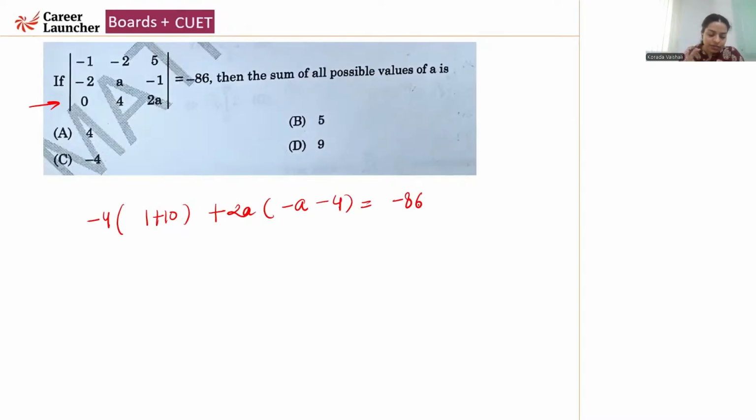Now we will simplify this expression and you will get the equation 2A square plus 8A minus 42 is equal to 0. Here you can either use middle term splitting, but the trick here is you can simply make use of the concept of how we find roots of any quadratic equation. So the sum of all possible values of A, or sum of roots, is nothing but minus b by a, which is -8 by 2. So answer C is correct, which is -4.